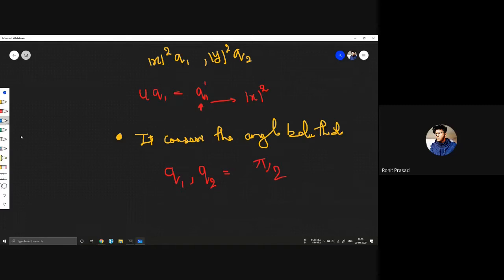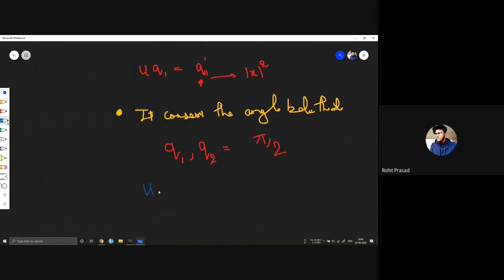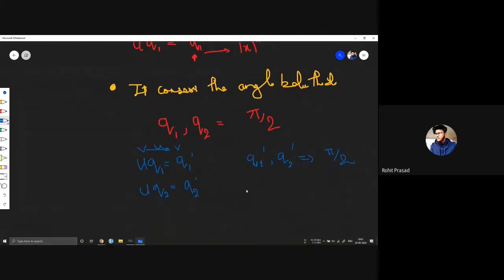If we transform q1 to q1 dash and q2 to q2 dash, this is one vector space, this is another vector space, and u is taking us from this one to this one, then q1 dash and q2 dash will also have an angle between them of pi by 2. So it conserves the angle between the vectors that you are transforming.